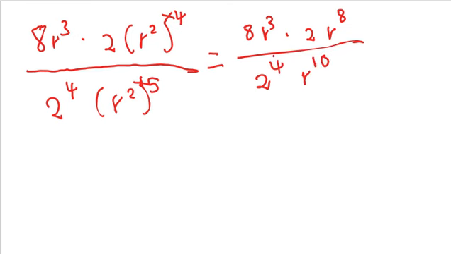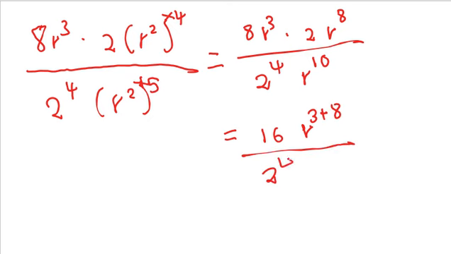Here, what you must know, we have numbers and we have variables. Numbers, we multiply them all together. So we have 8 times 2. 8 times 2 is 16. What do we do? We are multiplying r cubed by r to the power of 8. What did we say when you multiply? We add the exponents.